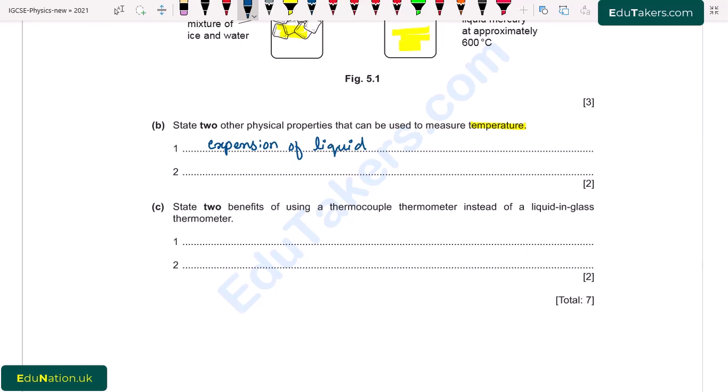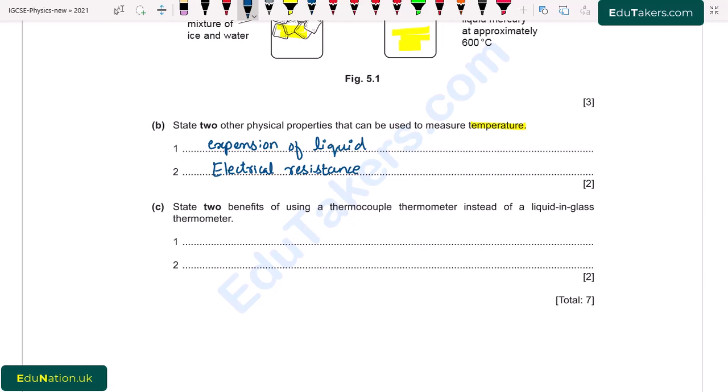And the second one is electrical resistance. I write here electrical resistance, and this is measured in a thermistor.